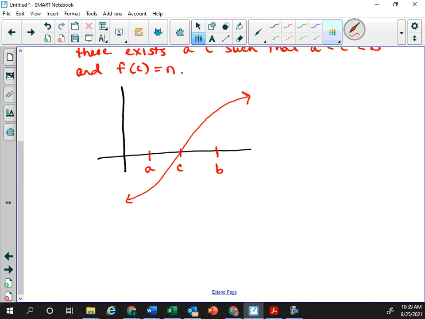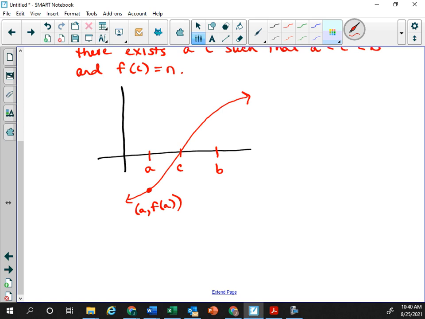So if I was going to label some points here, that point on the graph would be A, f of A. Does that make sense to you guys? Are you okay with that function notation? If the x is A, the y value is f of A. Yeah? Okay.